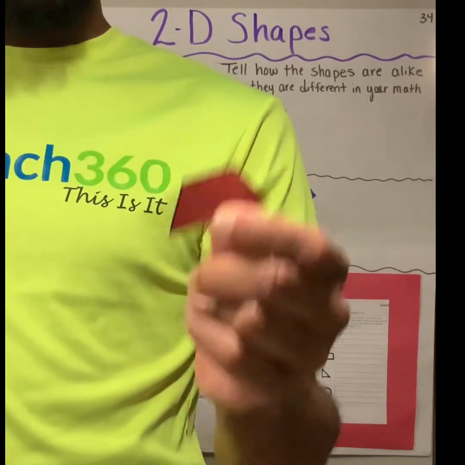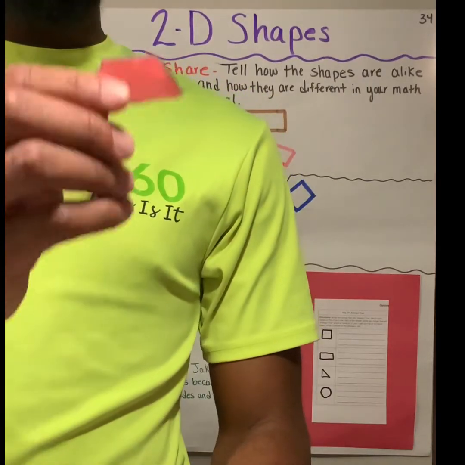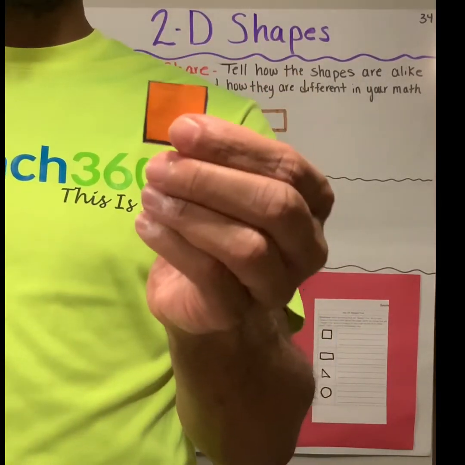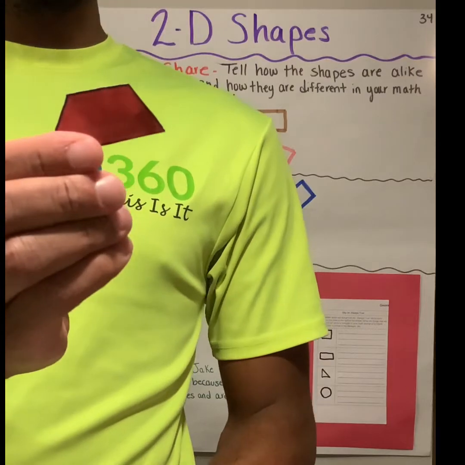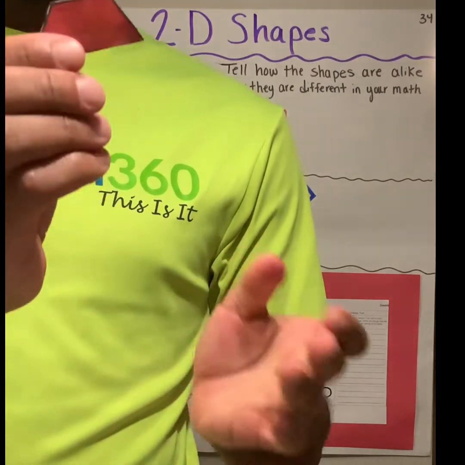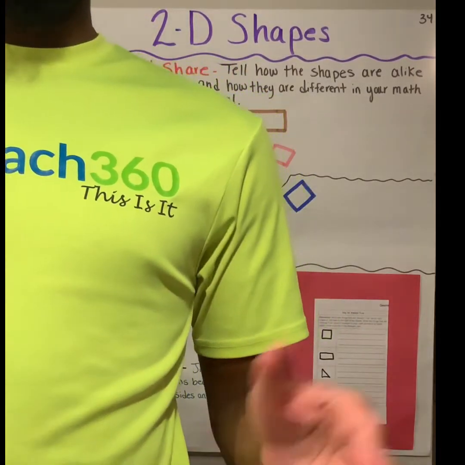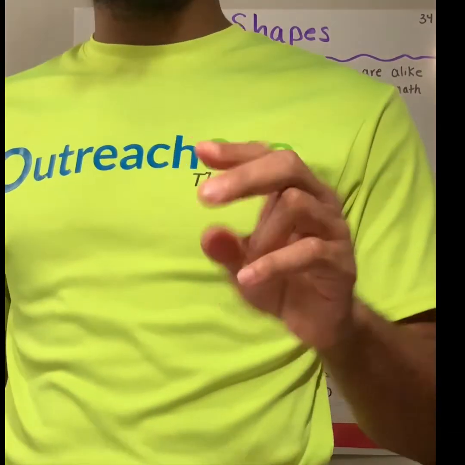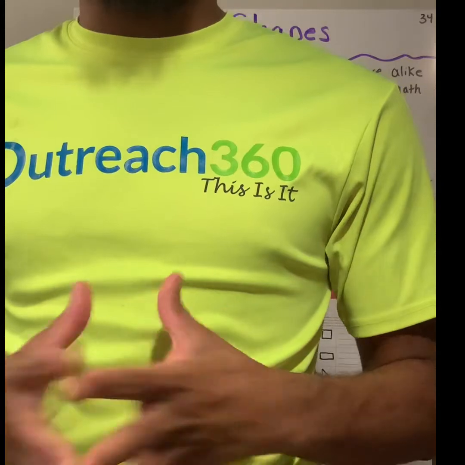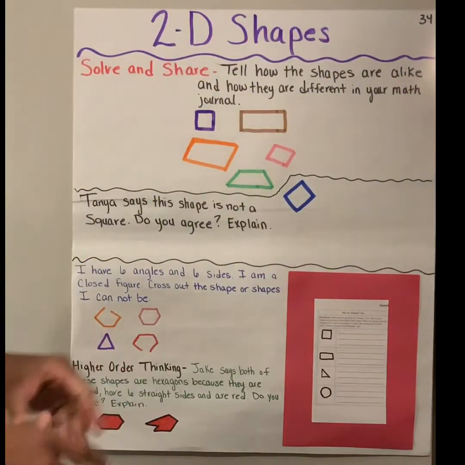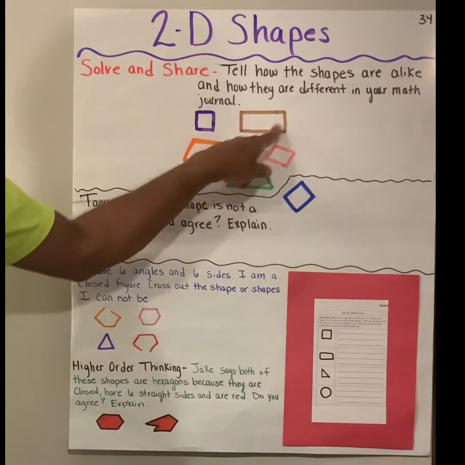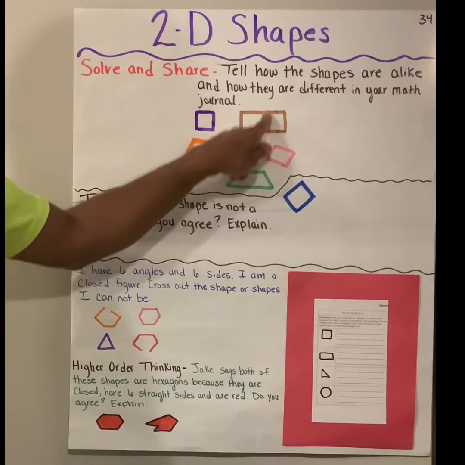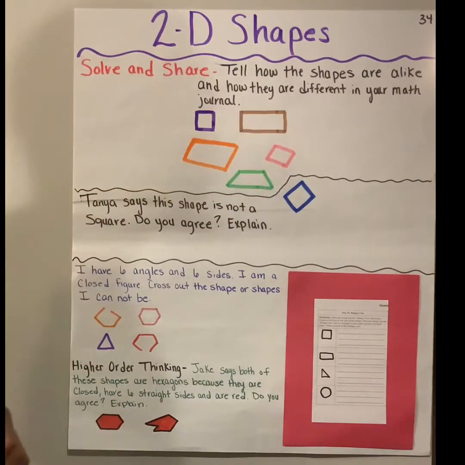And the way that you can know a trapezoid differently from a square is a square has 4 equal sides. A trapezoid has what? Only 2 equal sides. And yes, you can say a rectangle, but a rectangle has 2 long sides and 2 short sides, okay? And so this would be a rectangle. So look, 2 long sides, 2 short sides, okay?